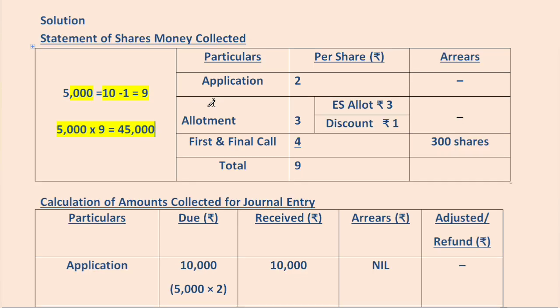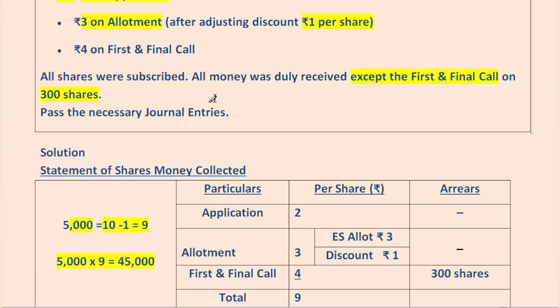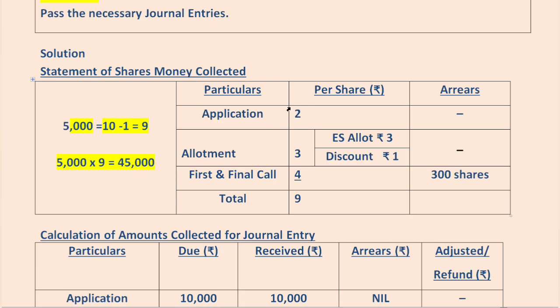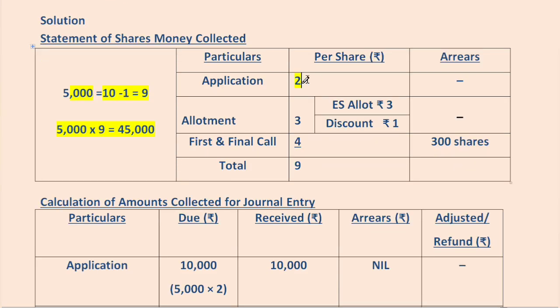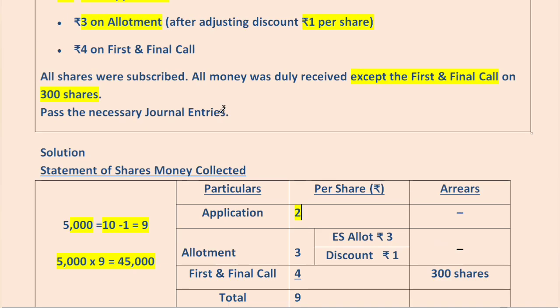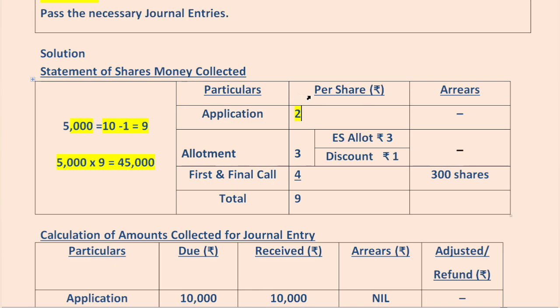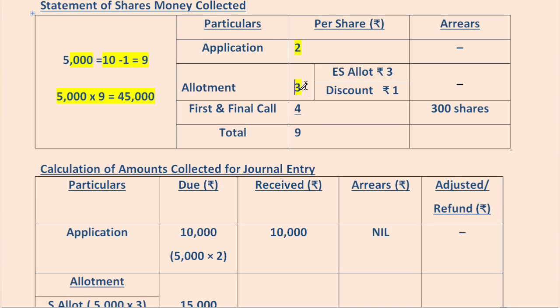Now, on application they have received 2 rupees, and in allotment they have received 3 rupees. One important thing here: while solving premium problems, when allotment is given and premium is 1 rupee, then 2 rupees goes to share capital and 1 rupee goes to securities premium, included in that amount itself.